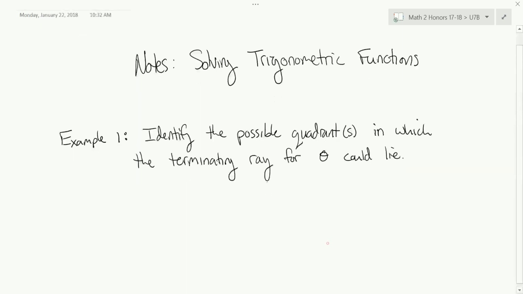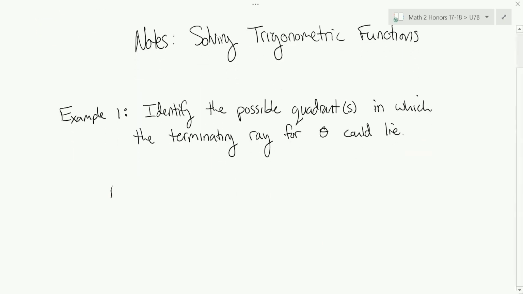Okay, and so for part A, we're going to look at the cosecant. I'm going to tell you that the cosecant of theta is greater than 0. Identify the possible quadrant or quadrants in which the terminating ray for theta could lie.